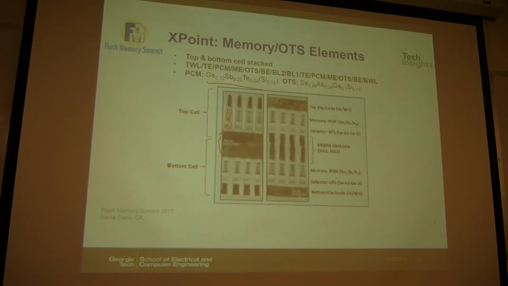There are two devices in series. So here is 1S, 1R. And the memory cell is phase change memory based on this composition. And interestingly, for the selector, it's also based on the GST material with the arsenic in there. So it's the so-called OTS selector. So this is the basic information from the materials point of view. So this is chalcogenide based, essentially.